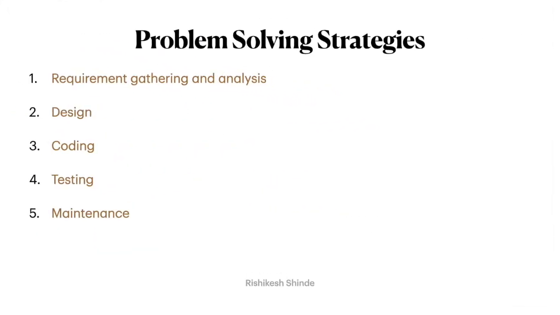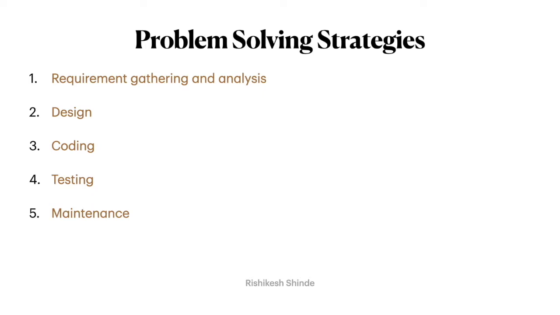Let us see the final part of this video, problem solving strategies. There are 5 problem solving strategies. First is requirements gathering and analysis. We have to gather all the required information and data. Analysis is also part of the problem solving strategy. Second, we have to design what kind of solution we are going to provide.